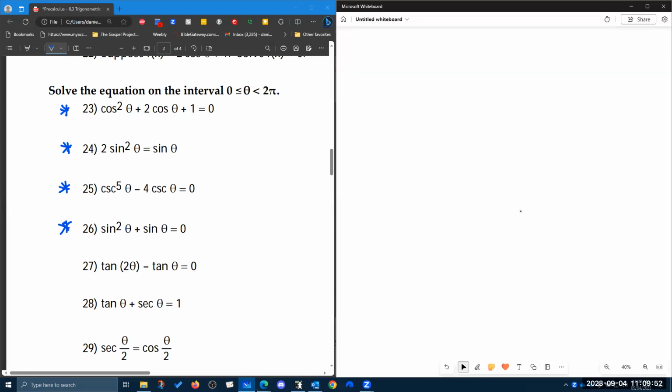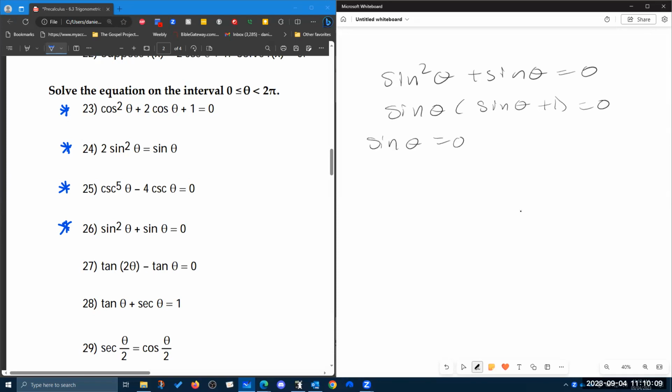We have one more in this series here. And that's going to be that sine squared theta plus sine theta is equal to 0. I'm going to take sine theta out and make this sine theta times sine theta plus 1. Sine theta equals 0, or sine theta plus 1 equals 0.